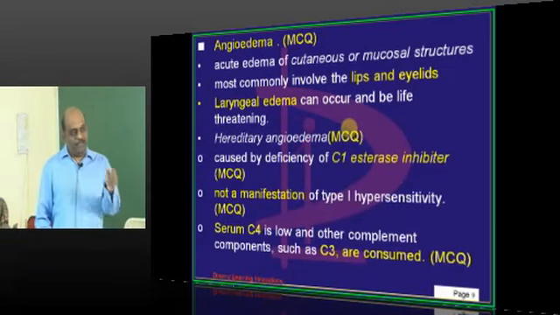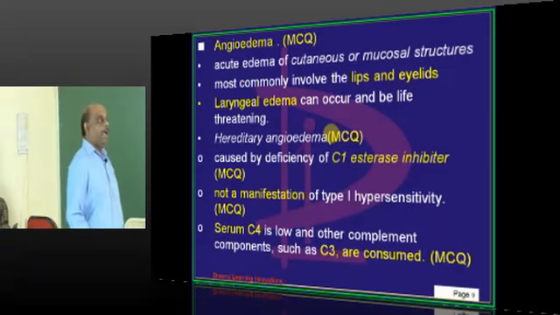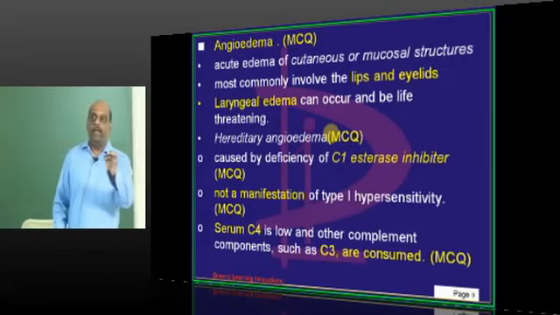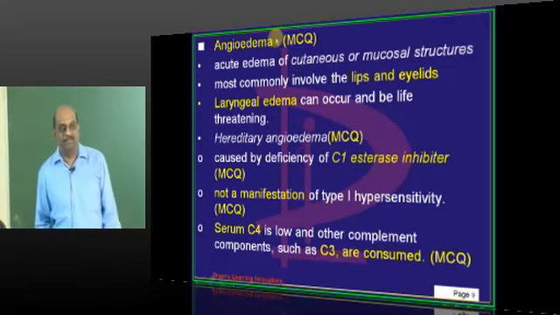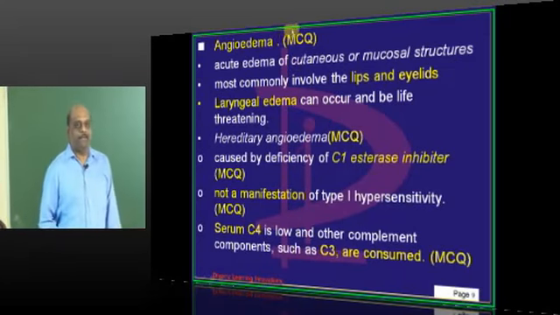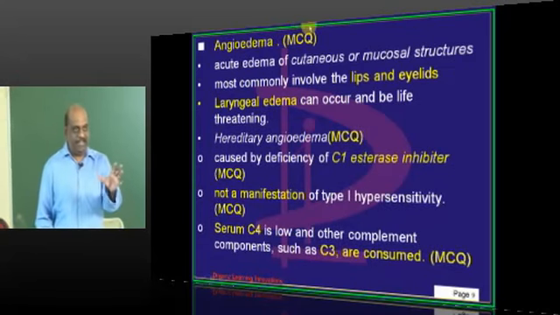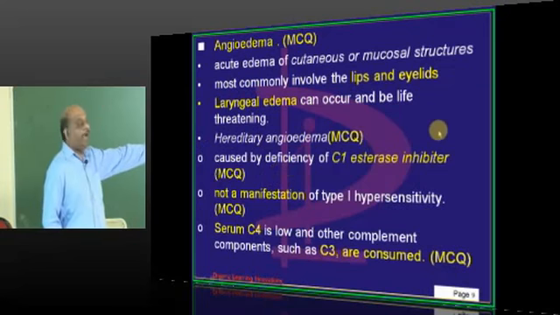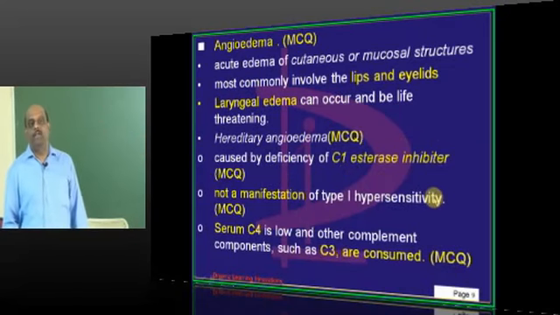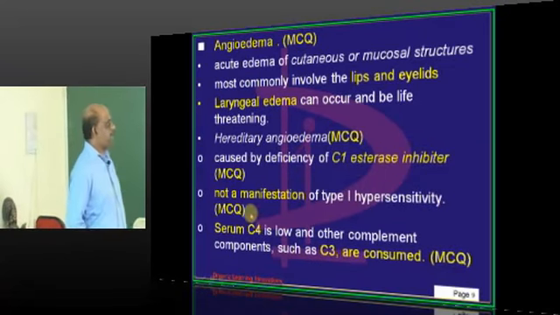Now one important fact that you need to know is that allergic angioedema is different from hereditary angioedema. Very important to be remembered. A lot of times this comes as a small MCQ to trick you. Hereditary angioedema is because of C1 esterase deficiency.